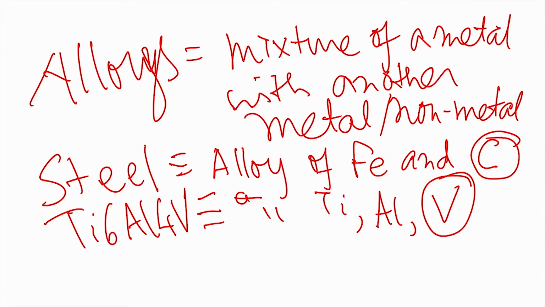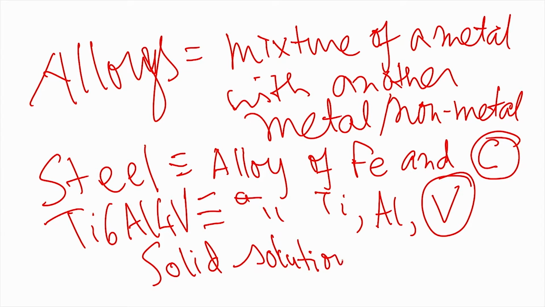All these alloying elements essentially serve certain purposes. For example, in some metallic alloys, these alloying elements increase the strength of the material, and this increase in strength is particularly due to a mechanism called solid solution strengthening. What is solid solution strengthening?